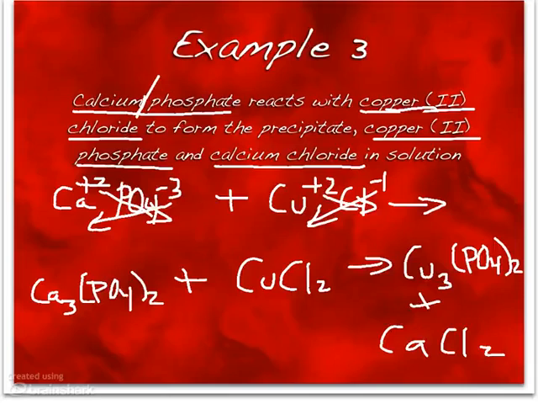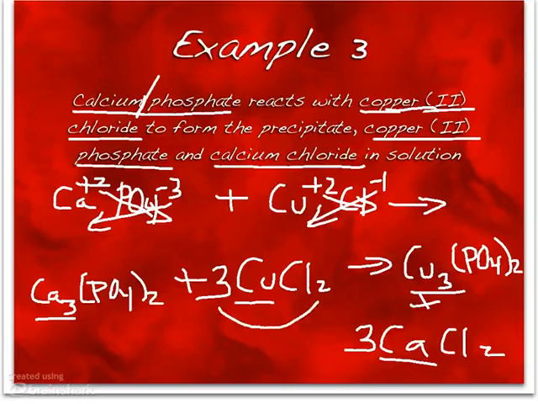So if you look at this a little further, you have Ca over here, which you have 3 of them. Ca over here, which is only 1, so you put a 3. If you look at the Cus, you have 1 Cu on the left, 3 Cus on the right, so you'd have to put a 3 there. That changes the chlorines to 6, but you also have the chlorines at 6 there. So the Cas are balanced, the Cus are balanced.